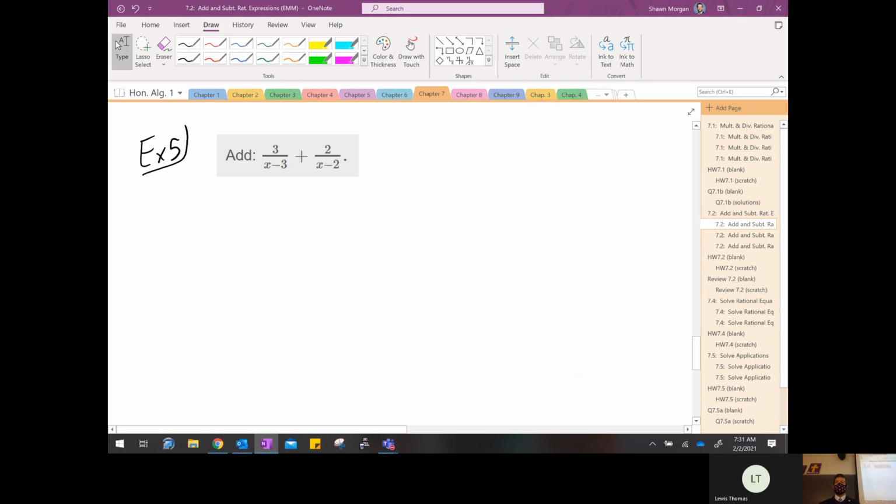All right. Some of you, having already written example 5 down, are probably on your way to changing each fraction because the LCD here is very, very simple to find. Each denominator is already factored. They don't have any common factors.